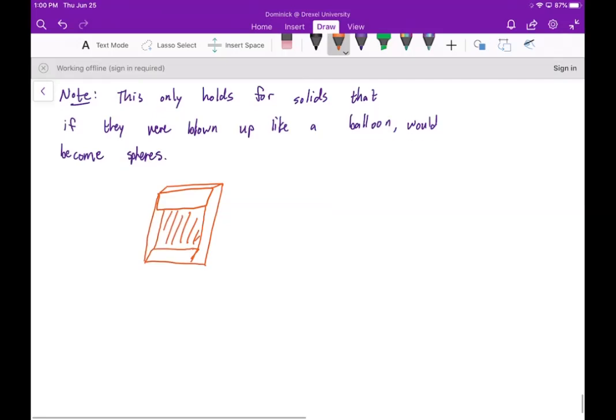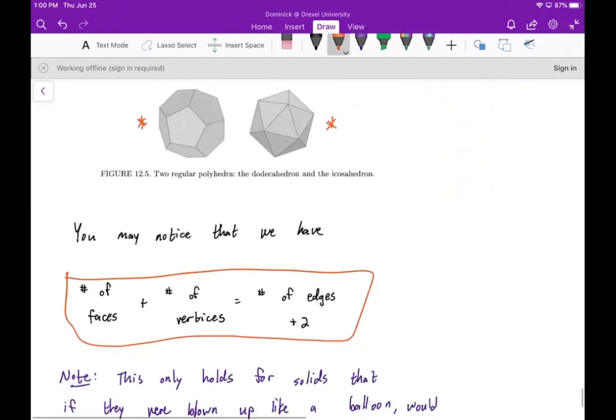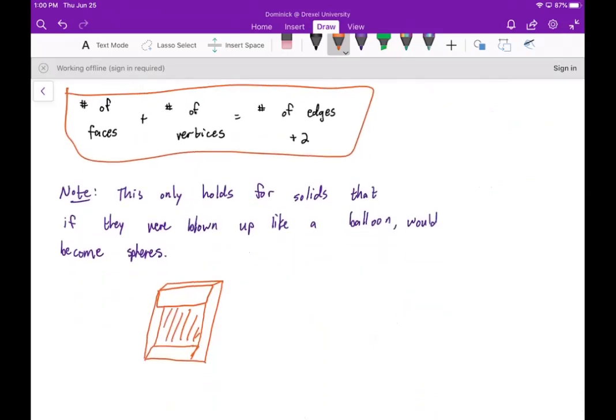So just keep that in mind. The reason why this works for these is because if you were to push the inside out towards the edges, you would get a sphere. And that would only work for shapes of that form.